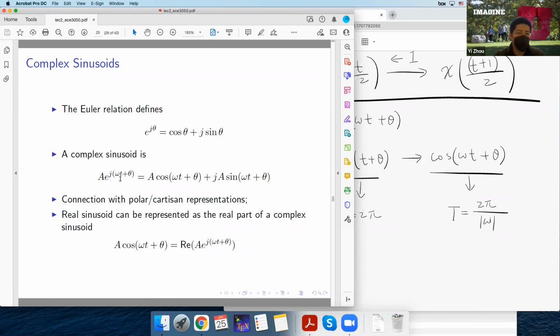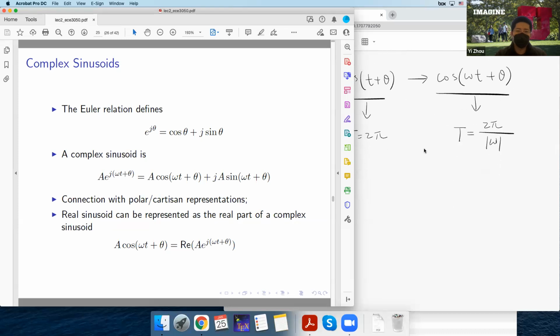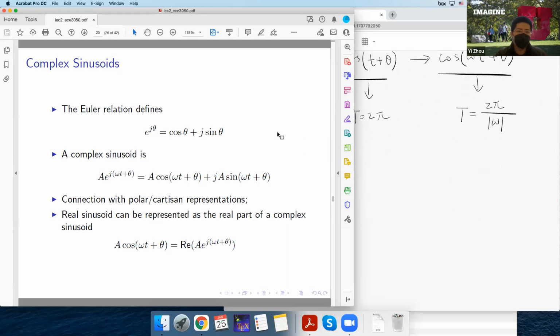Now, as t varies, the phase component of this signal will change. So it is omega t plus the initial phase theta. Okay, so this is the complex sinusoidal signal.